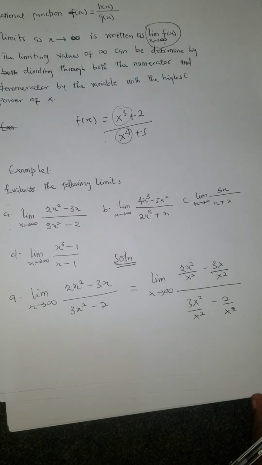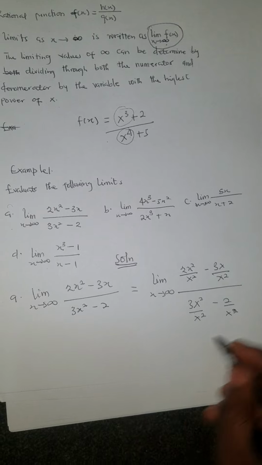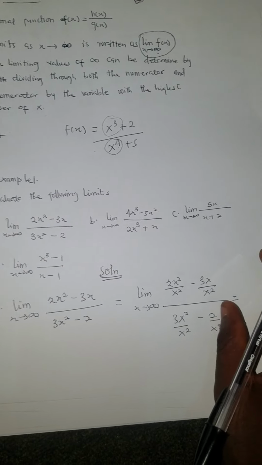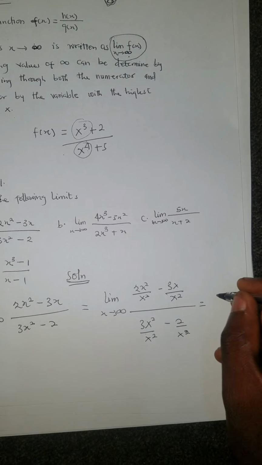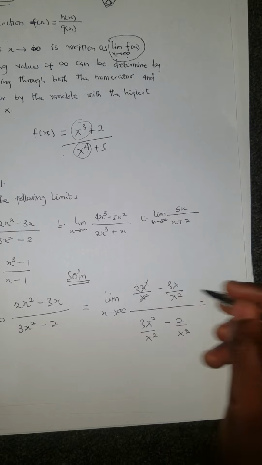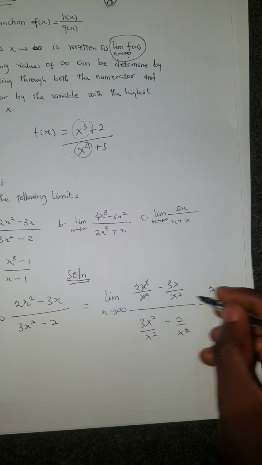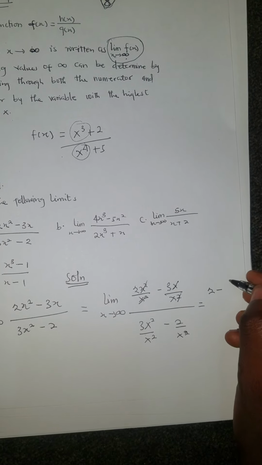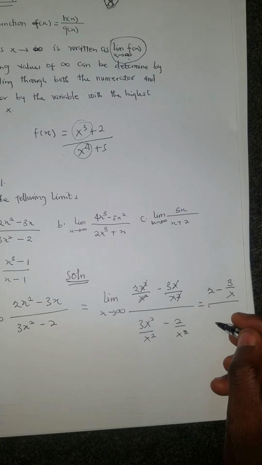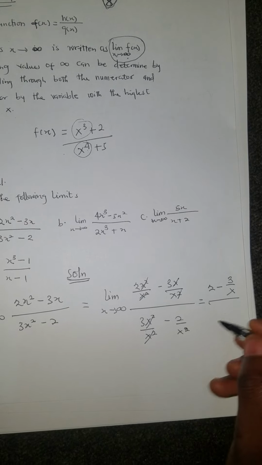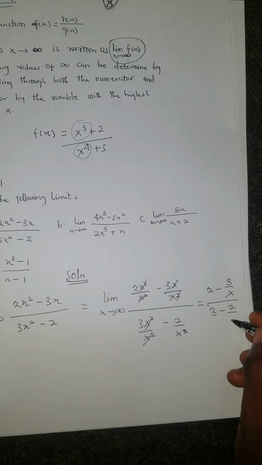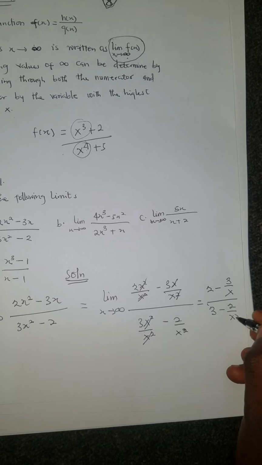This is what you would do. Now, if you solve this, this will cancel out this. You're going to have 2 minus 3 over x, all over, this will take away this, 3 minus 2 over x square.